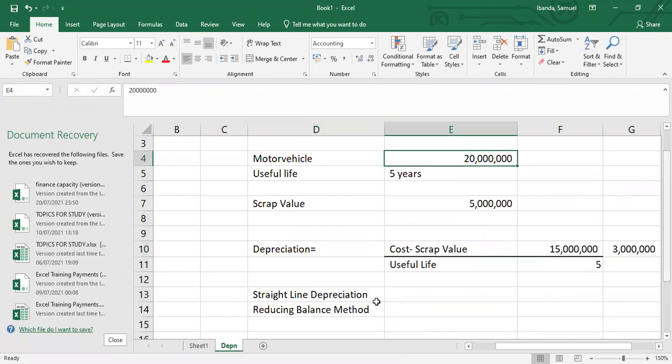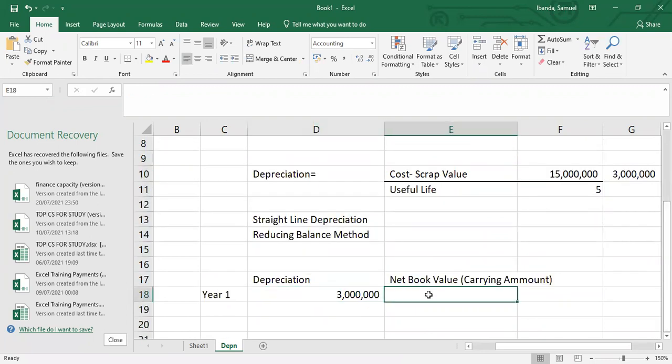If it has depreciated by 3 million, our net book value will now be the 20 million minus the 3 million, which will give me 17 million.